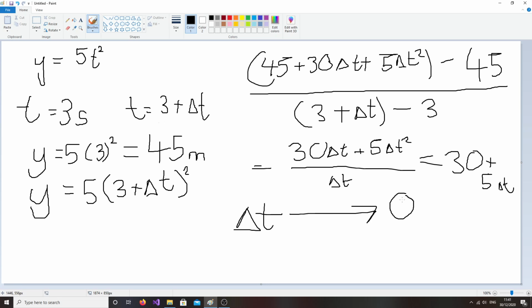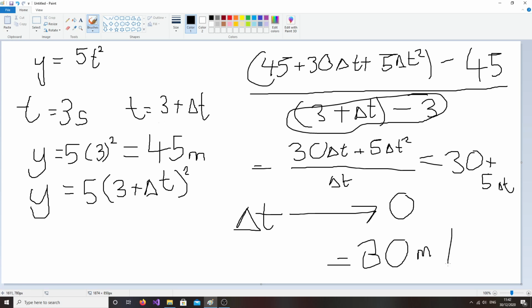I'm not going to put it as 0 because that wouldn't be correct: if delta t is 0 here, 3 minus 3 is 0, and you can't divide by 0. But you can decrease it towards 0 until it's very, very close. And if we do that, it's 30 meters per second. And that's your answer there.